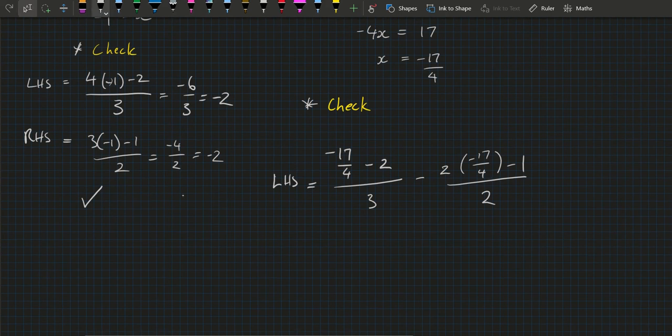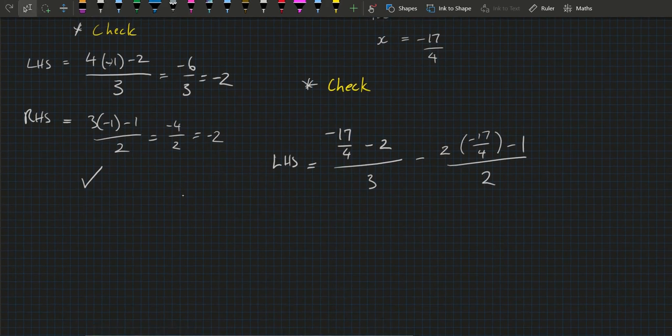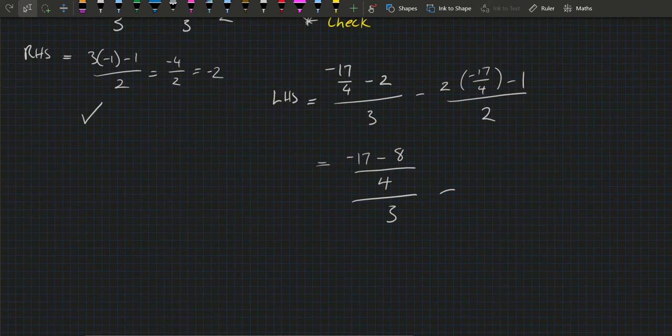If I multiply the other side by that becomes minus 17 minus, so I multiply this by 4 to make it 8, all on 4, and all of that is divided by 3 minus, how much room have I got here? I've got endless room.